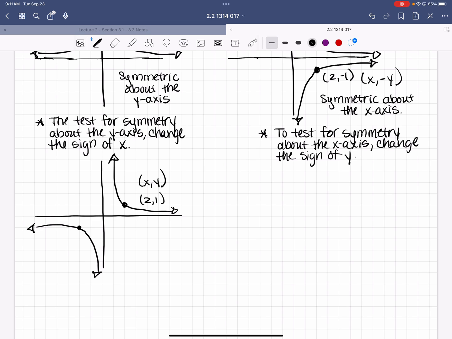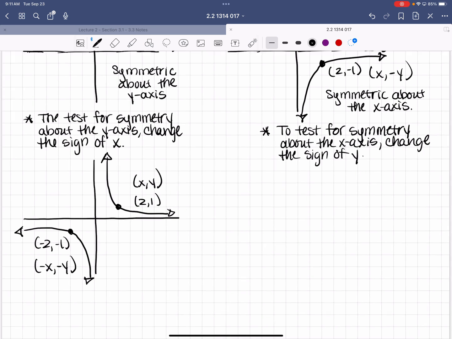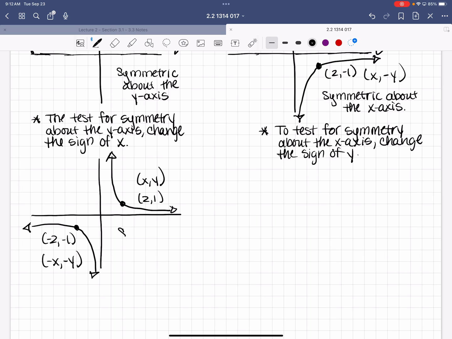Okay, this is negative 2, negative 1, negative x, negative y. It is, whoops, sorry guys, symmetric about the origin.